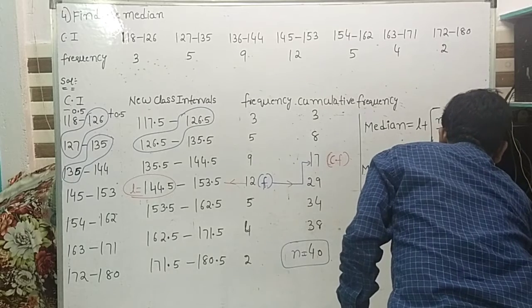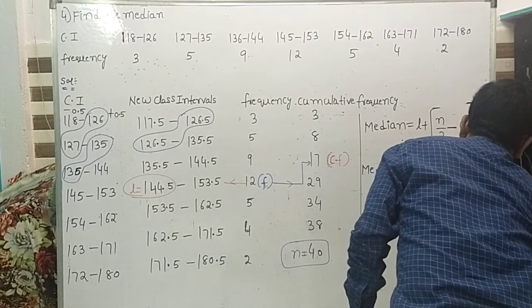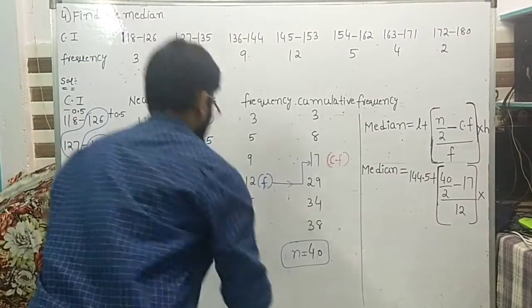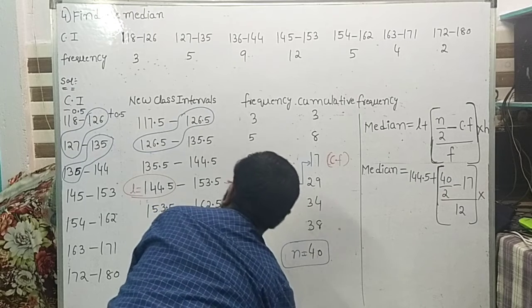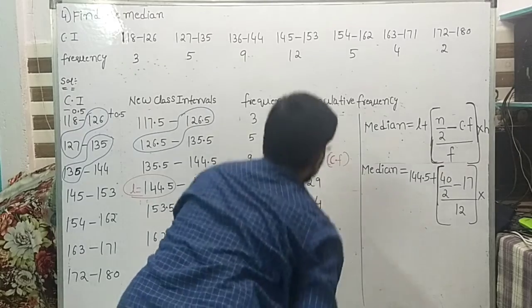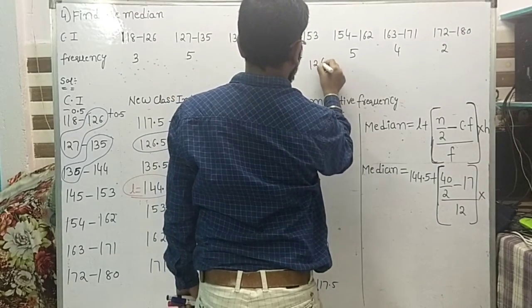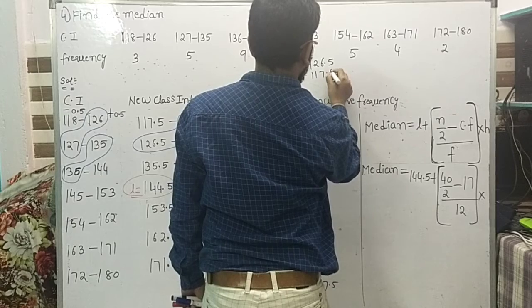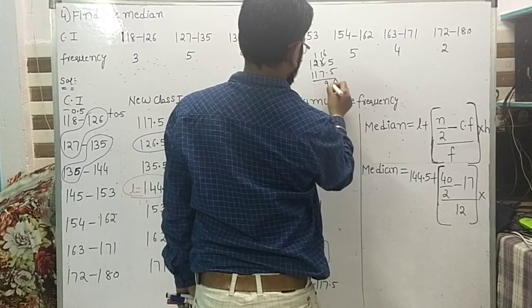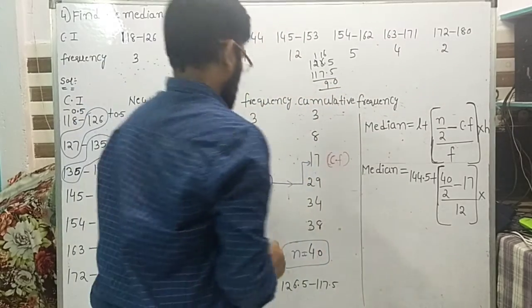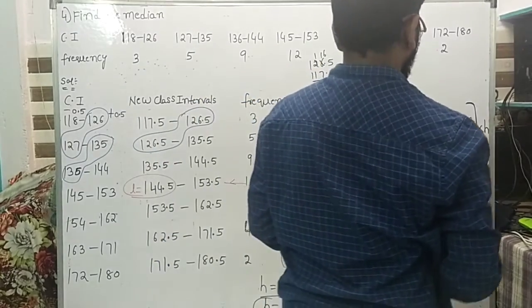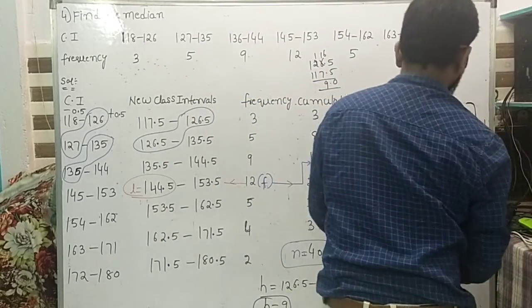Into H. What is H here? H equals the difference: 126.5 minus 117.5 is 9. So H equals 9.